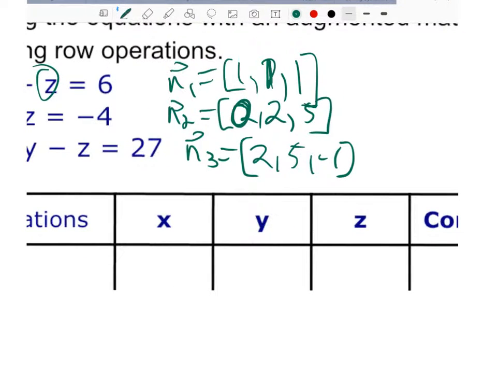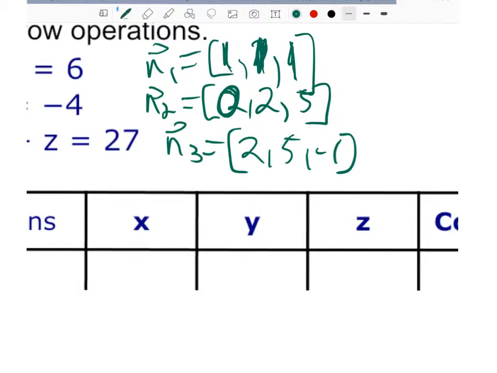Then what I have to do is examine those normals and see if any of them are parallel. If they're parallel, they would be scalar multiples of each other. So, for example, this one here being 1, 1, and 1, another one would have to be 2, 2, and 2, or 5, 5, and 5, negative 10, 10, and 10, something like that. Alternatively, if I was looking for something parallel to the second normal, by the way, if the normals are parallel, then the planes are parallel.